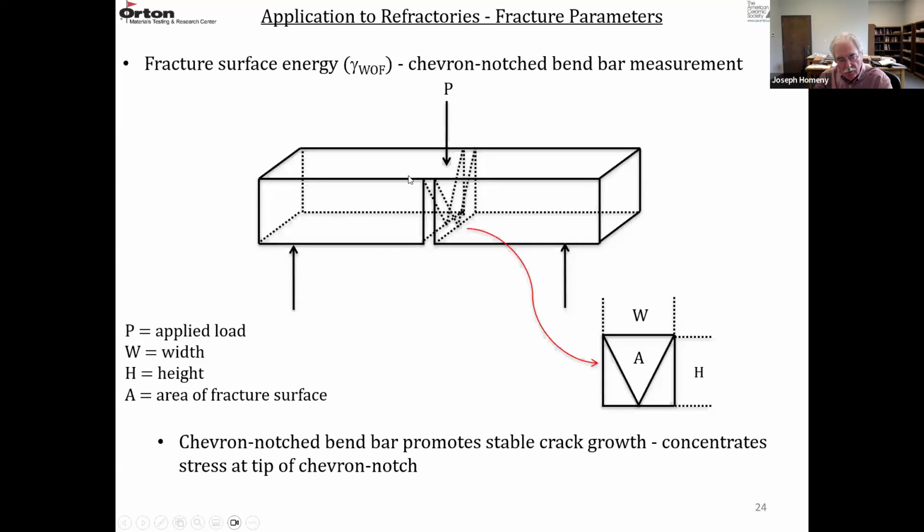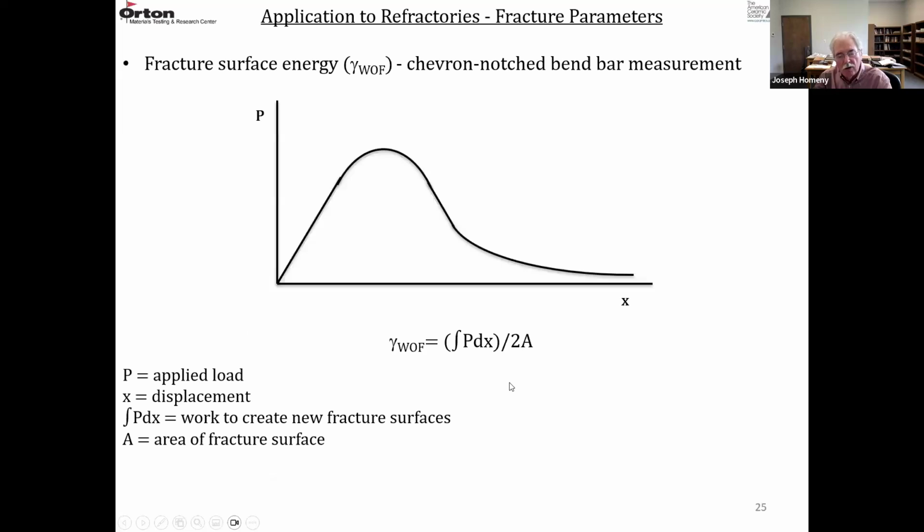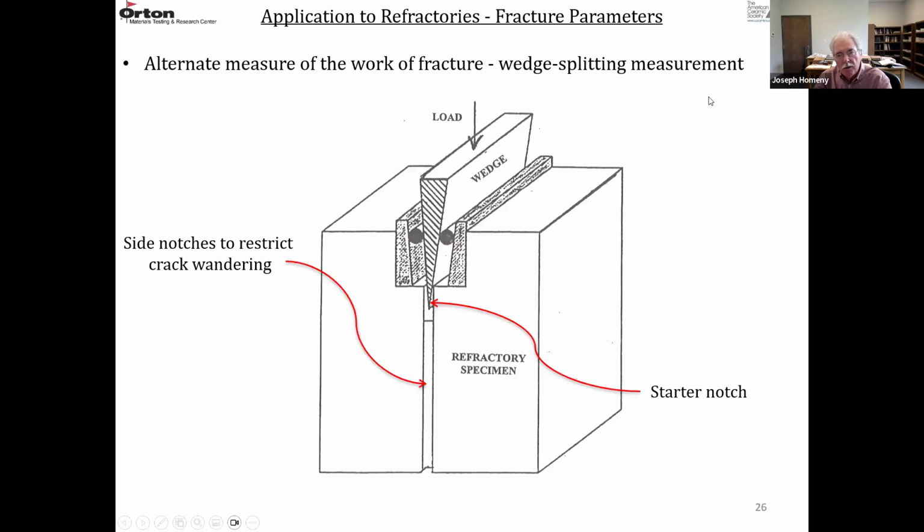I've actually done some tests where I vary the size of this notch in the last couple of years, and I can see the bigger the sample, the bigger the work of fracture, indicating a large wake process zone. So keep in mind that you need a fairly large sample, whether you're running work of fracture or wedge splitting, especially if the material has good thermal shock resistance. You want to measure all of that energy for the work of fracture.